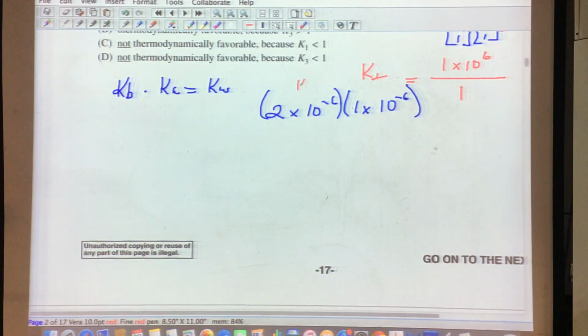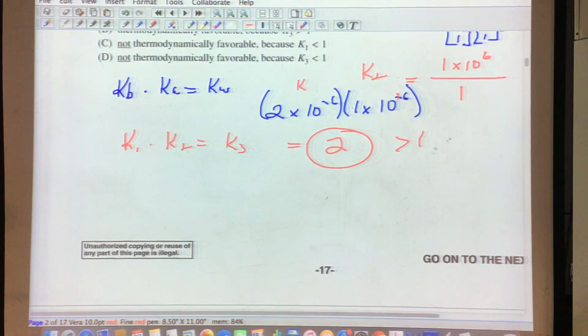Yes, sorry, positive 6, thank you. All right? So when we multiply numbers with exponents, what do we do with them? Add them. So 6 plus a negative 6 gives me 10 to the 0, which is 1. 2 times 1 is 2, so K1 times K2 equals K3, which is equal to 2.